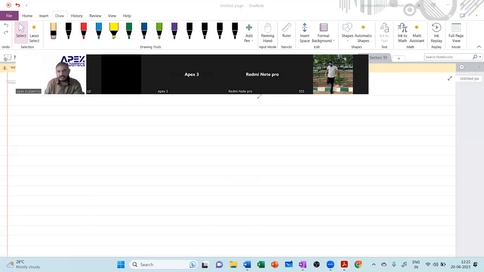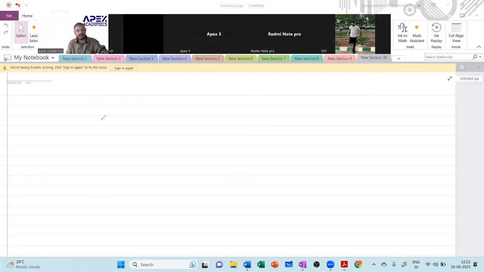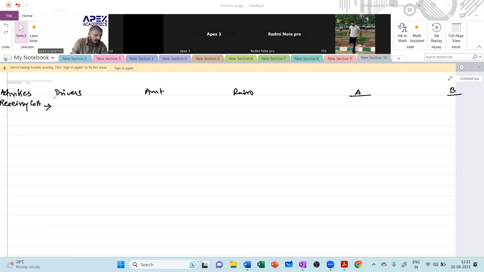Now, in this question, we have got certain activities, certain drivers, and certain amounts. This will be broken down into a ratio and allocated to product A and to product B. What are the activities? First, receiving cost. What is the driver?